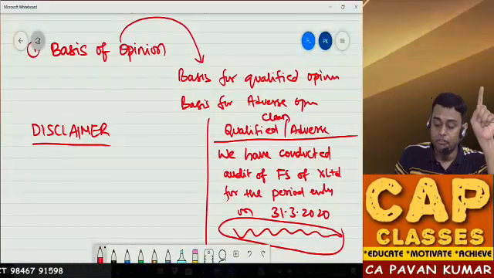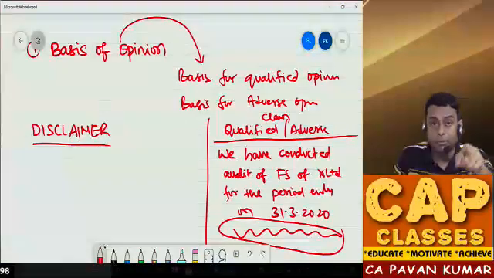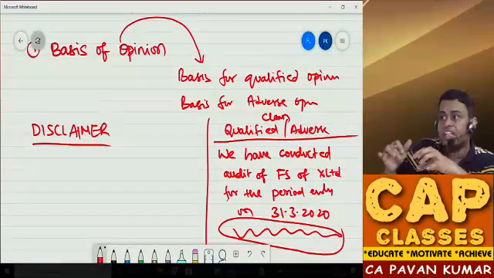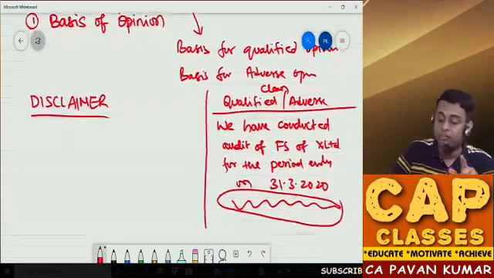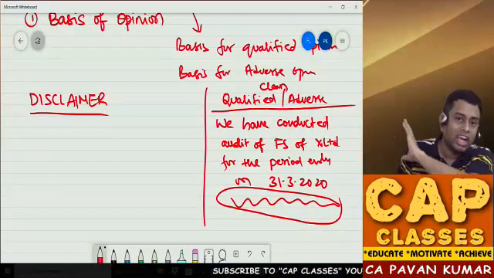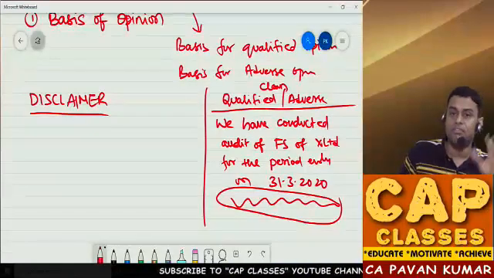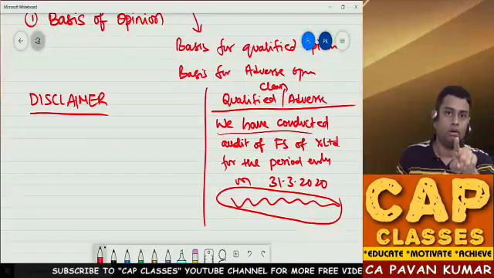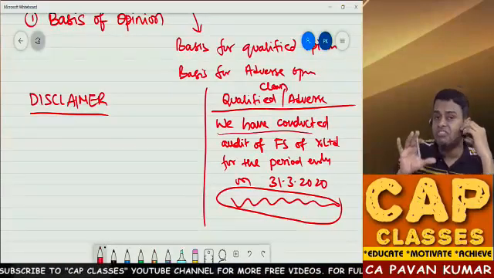So what is that? We have conducted audit of financial statements of X Limited for the period so and so and we are expressing this opinion. My dear friends, remember on a very serious and important note, you cannot use these wordings in case of a disclaimer. Why have you conducted audit? No. So how can you use this word?